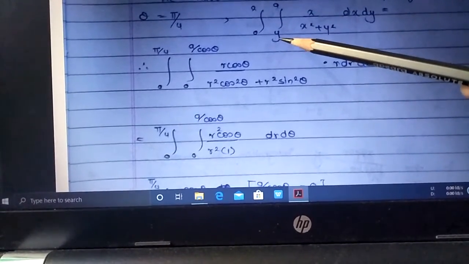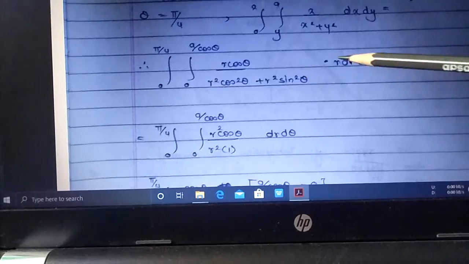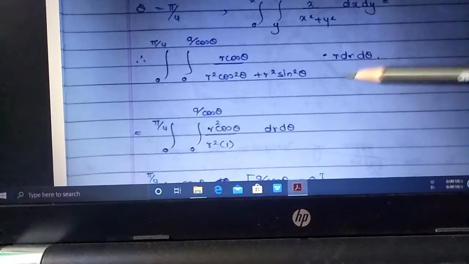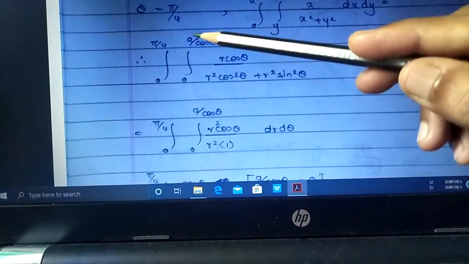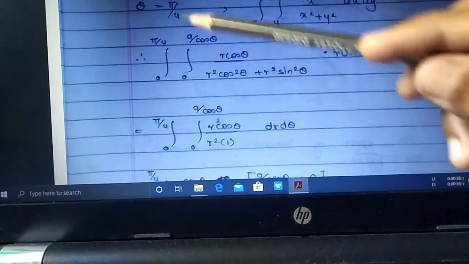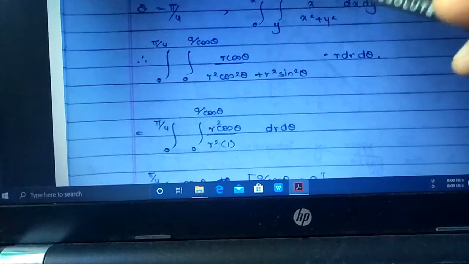This is the limit of r. Now it is converted into r and theta, so always first integrate with respect to r. In this example r varies from 0 to a upon cos theta as per the figure, and theta varies from 0 to pi by 4.